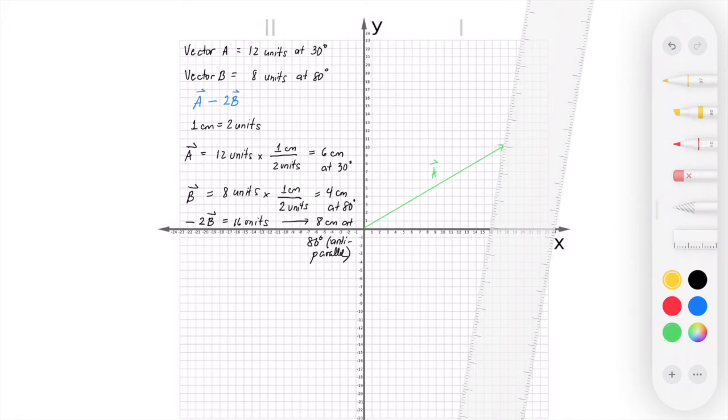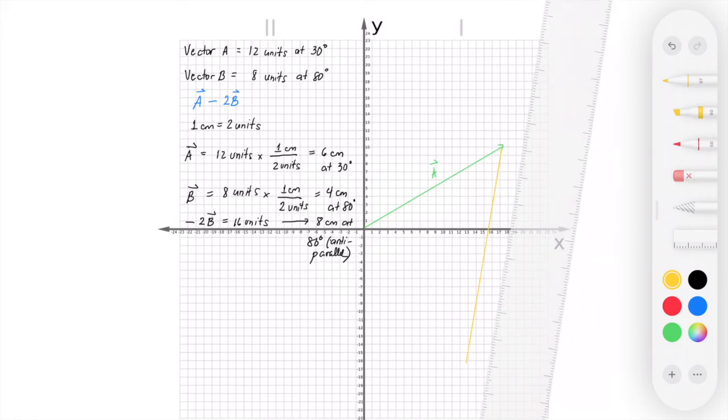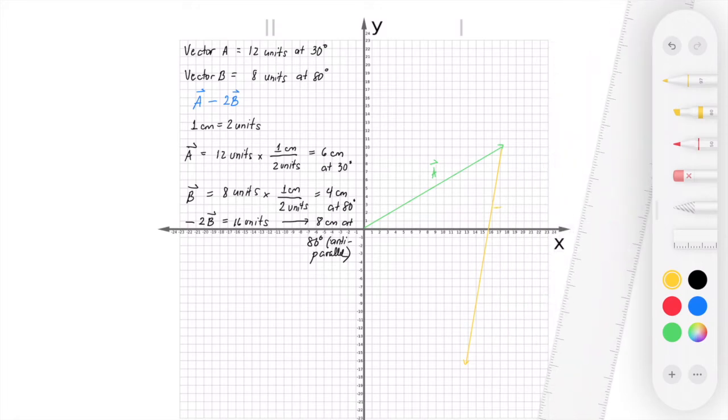And then instead of 4 centimeter, I'm gonna write 8 centimeters. So 1, 2, 3, 4, 5, 6, 7, and 8. So this will be the vector negative 2B.